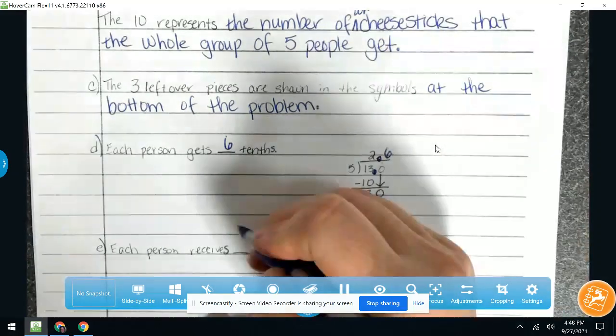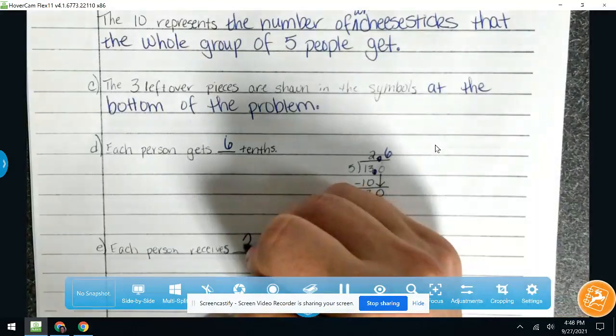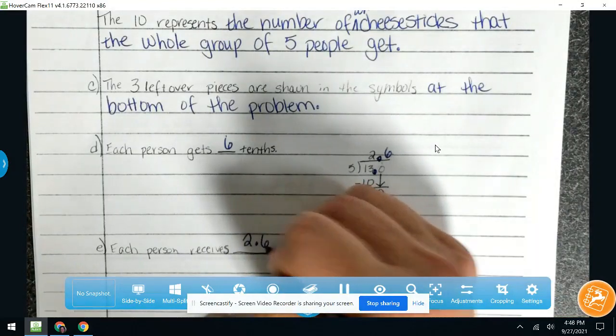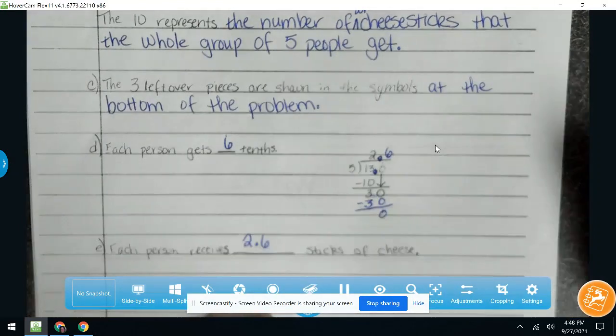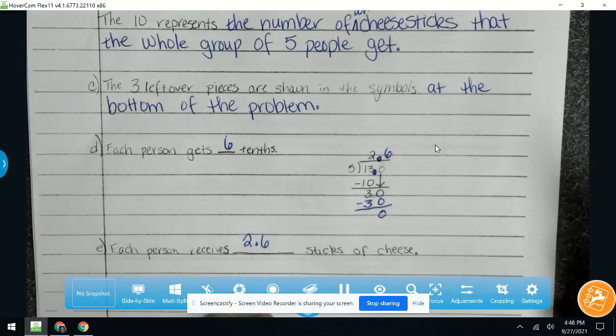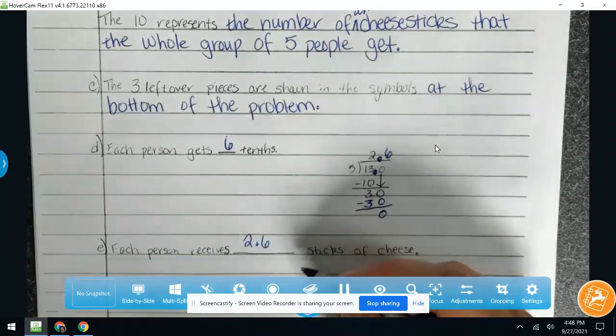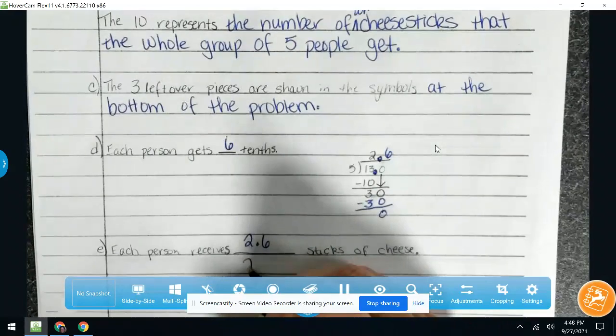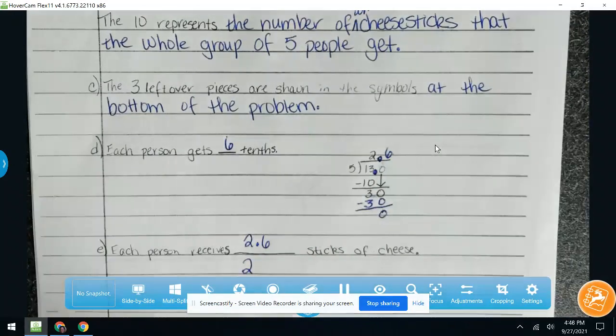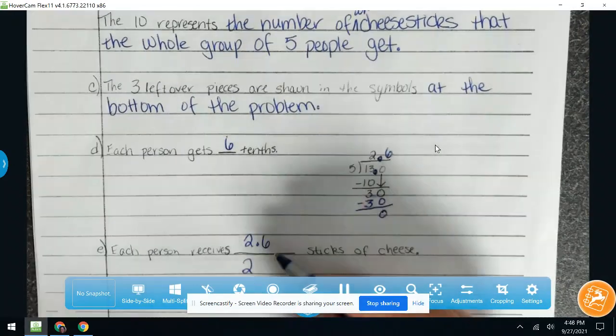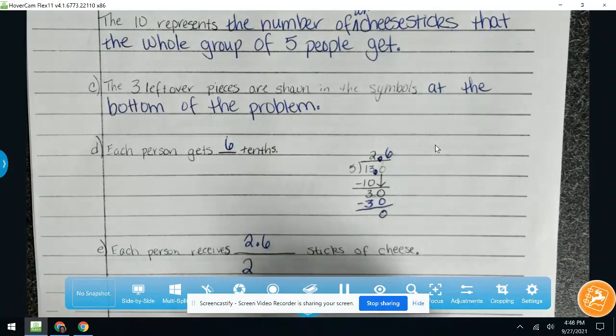Each person is going to receive 2 6/10 sticks of cheese. So I write it as a fraction. I have my 2 whole sticks of cheese. And I also have my 6/10.